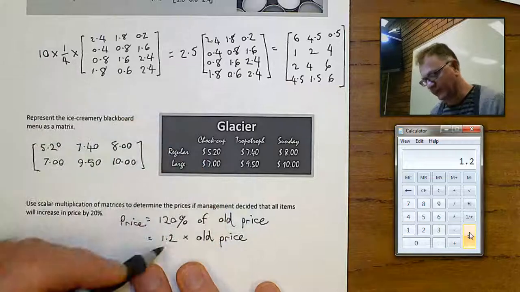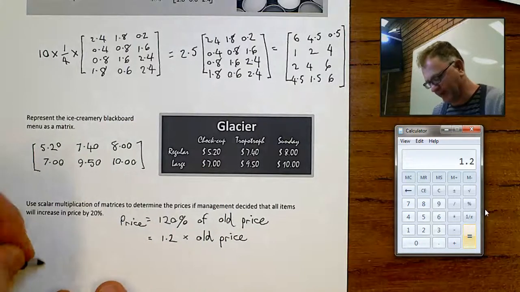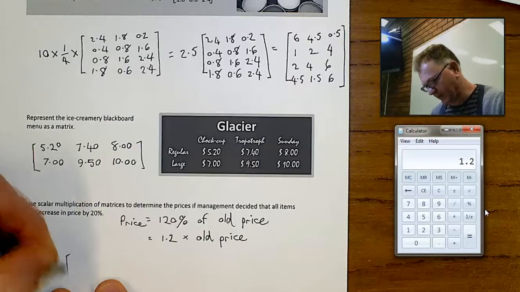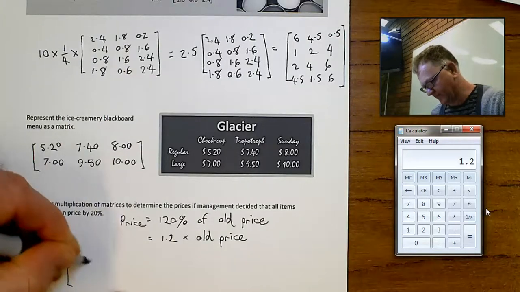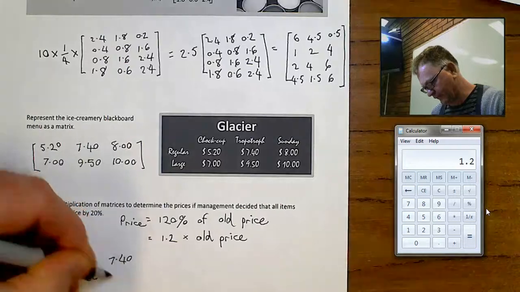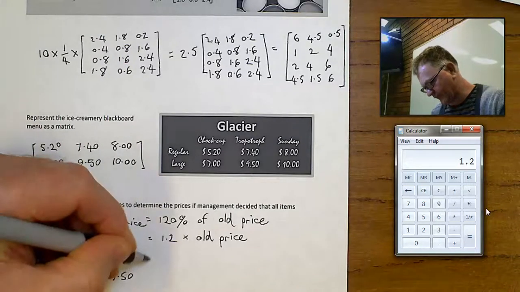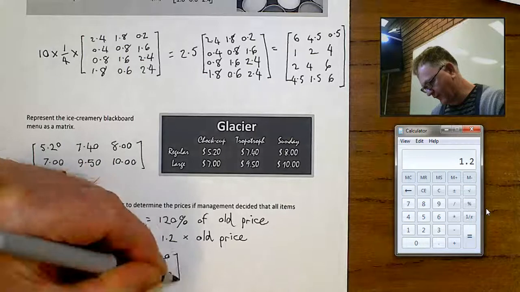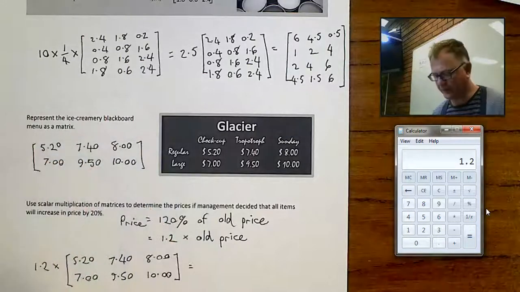And that's the factor that we're going to use for scalar multiplication of this matrix. So 1.2 times our matrix, and that will give us those new prices.